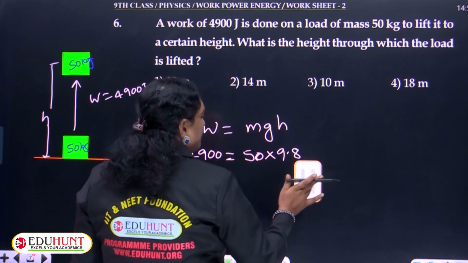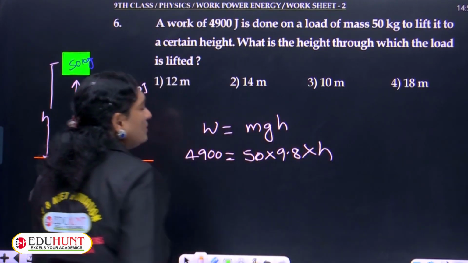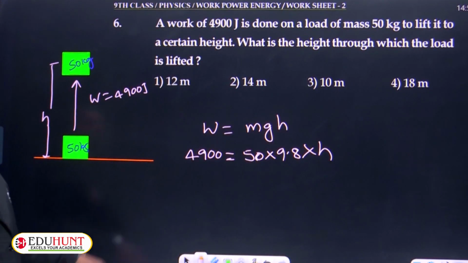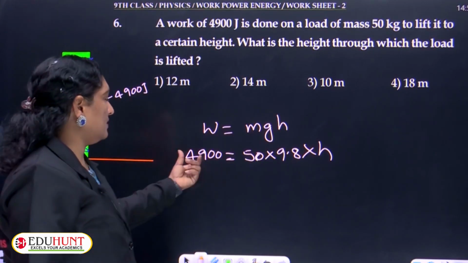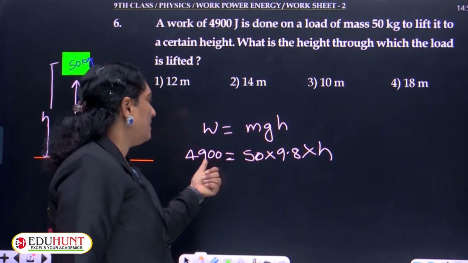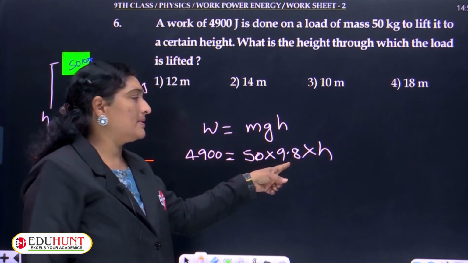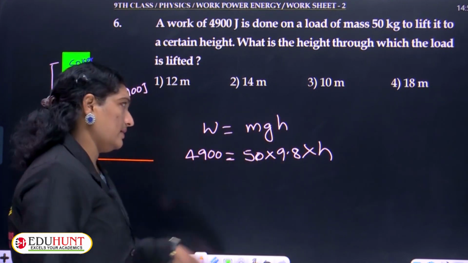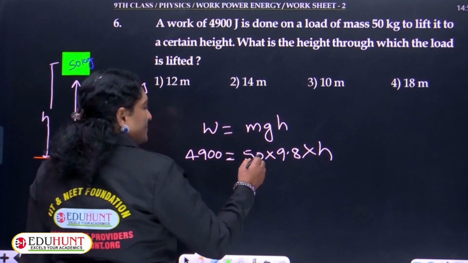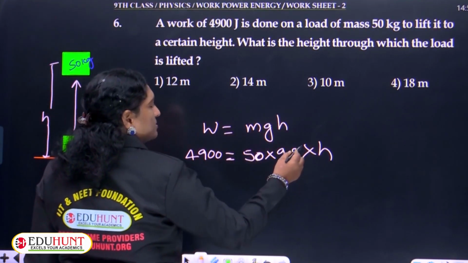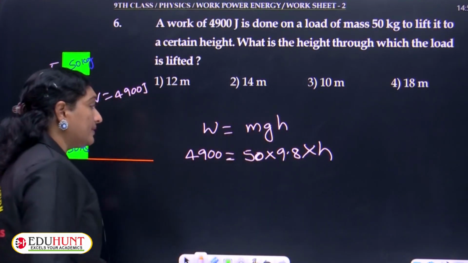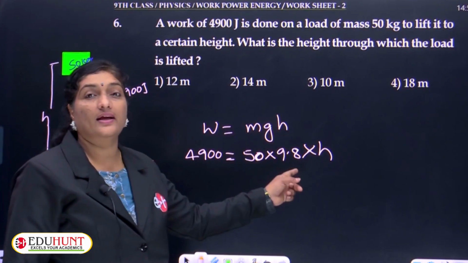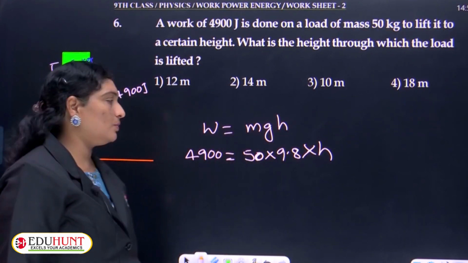Let me take it as 9.8 only, and height you have to find out. It all matters whether the given values are multiples of 9.8; if so, you must take it as 9.8, if not, 10. You'll get it through practice only.